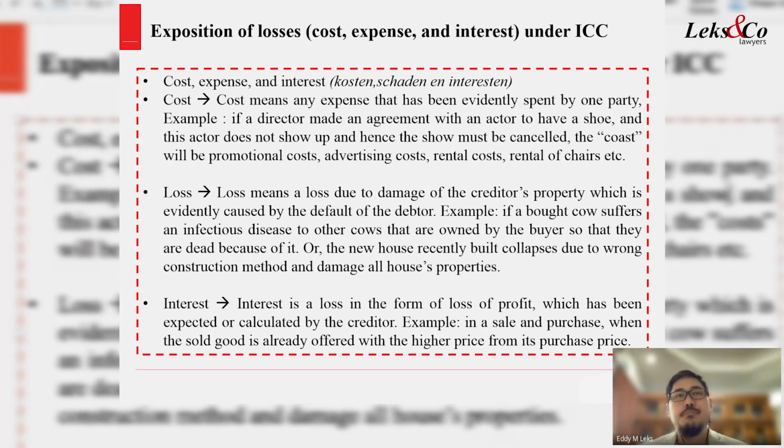So when we build a house, of course we spent some money, right? We spent the cost to build the house. Let's say it's 1 billion, for example. So that's the cost, right? But then, let's move a bit backward. So that's the cost of building a new house, 1 billion.